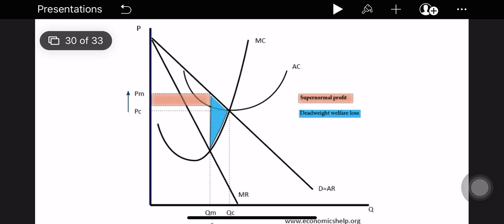Sometimes oligopolists can do a pricing strategy wherein they try to lower the price so that the average cost curve and average variable cost now becomes higher than the demand curve. That can be called predatory pricing.